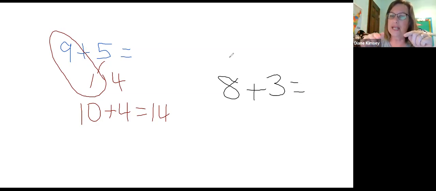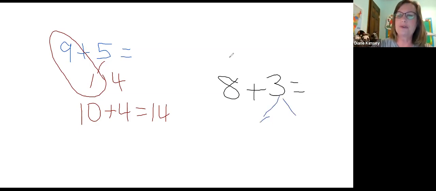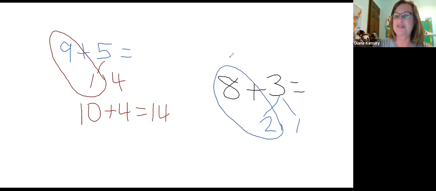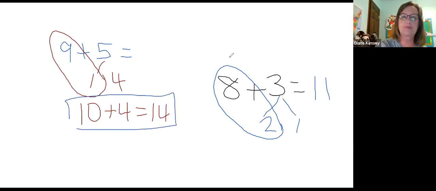They know if I'm going to turn that 8 into a 10, I need to add 2 more to it. So 8 plus 2 is 10, plus that 1, this equals 11. And so they get to the point where they can actually skip writing this next math problem. They can do the mental math and they can start seeing the part, whole. I hope that makes sense to you.